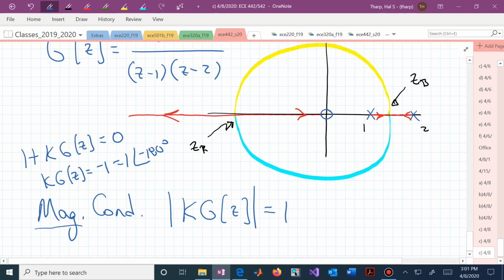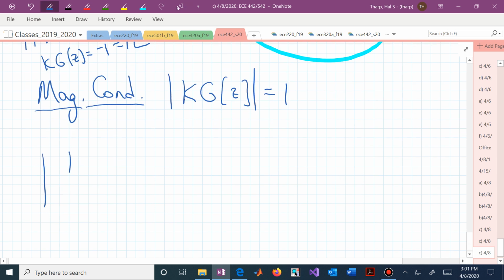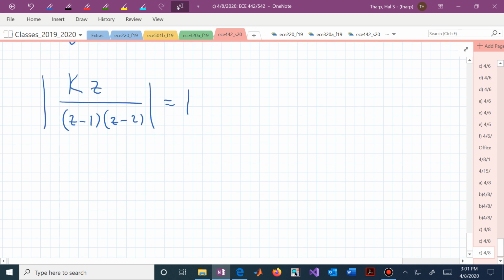Let's now work with the magnitude condition. We now know that k times z over (z minus 1)(z minus 2) is equal to 1. We can solve that for k, and k we're going to have be positive. So now the expression for k is (z minus 1)(z minus 2) all over z.